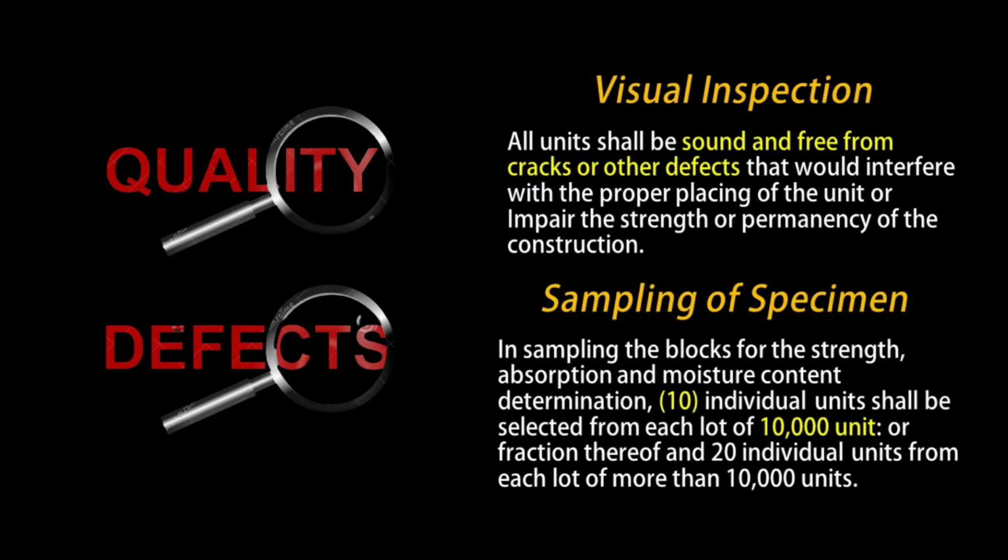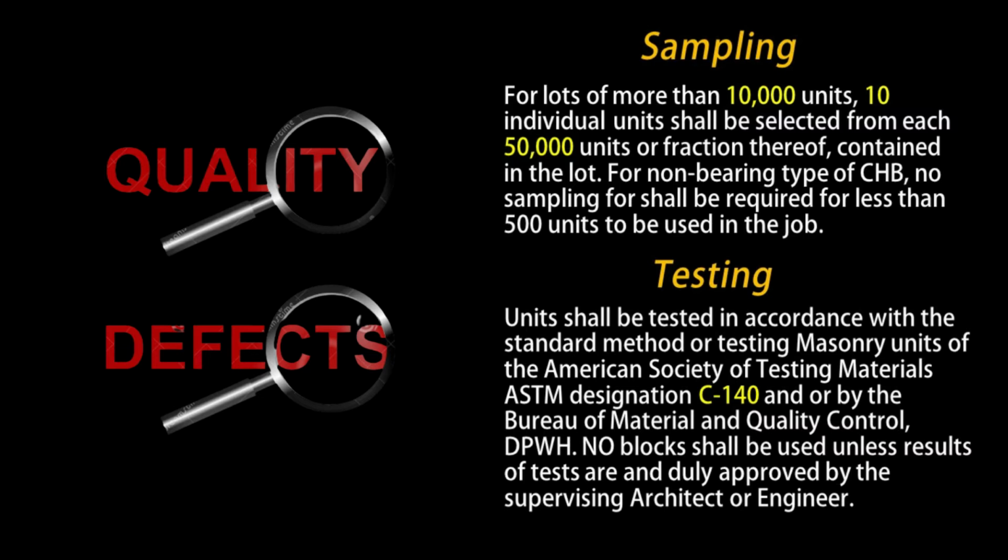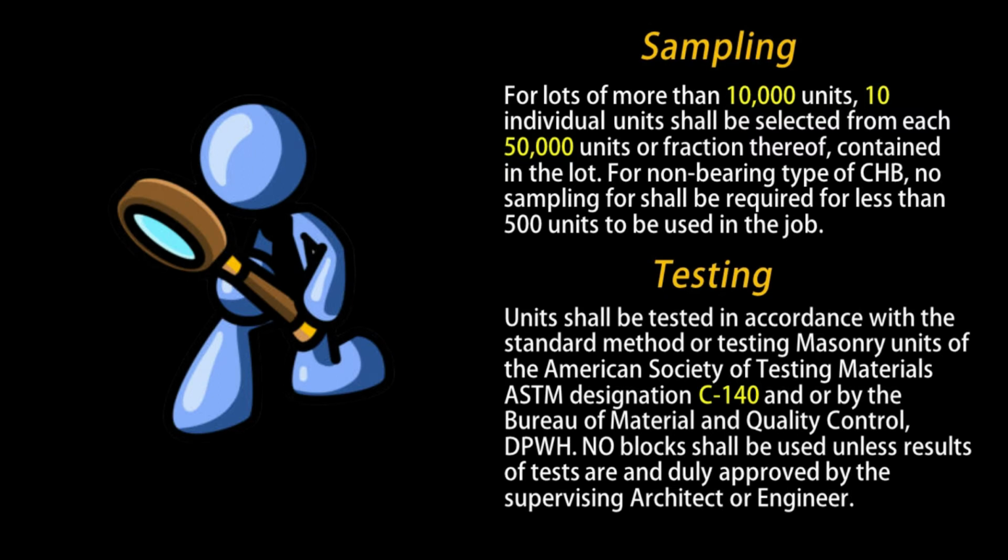In sampling the blocks for the strength, absorption, and moisture content determination, 10 individual units shall be selected from each lot of 10,000 units or a fraction thereof, and 20 individual units from each lot of more than 10,000 units. For lots of more than 10,000 units, 10 individual units shall be selected from each 50,000 units or a fraction thereof contained in the lot.